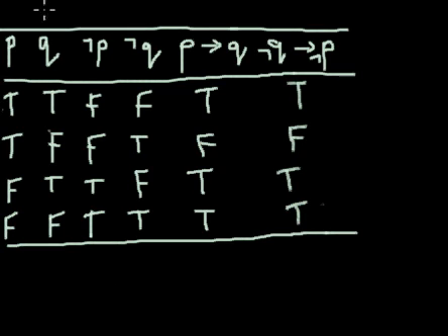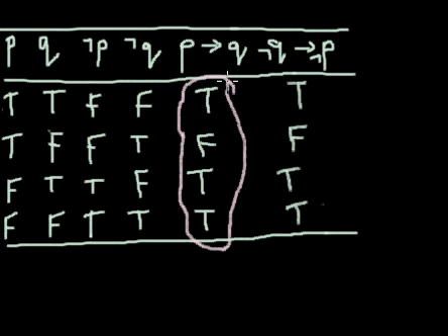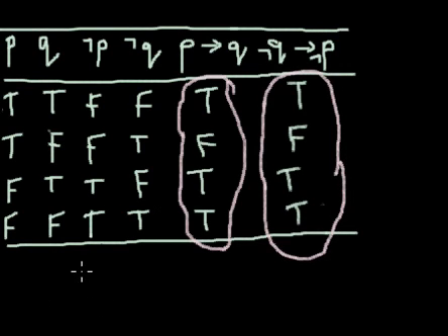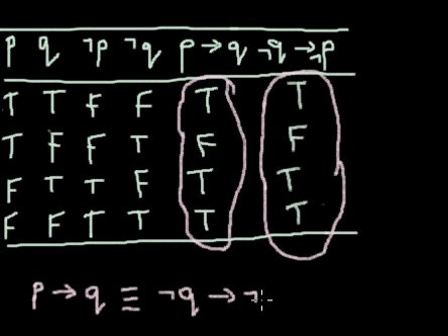So we see that the statement P implies Q is equivalent to the statement not Q implies not P, which means P implies Q is logically equivalent to not Q implies not P, which is the contrapositive.